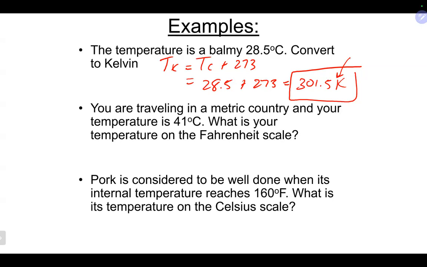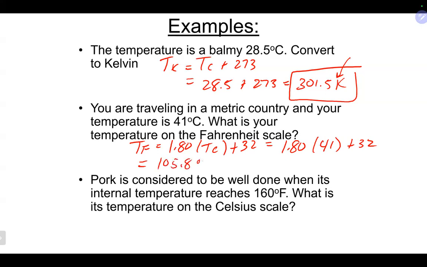Next one, we have basically Celsius, and we want to convert to Fahrenheit. So our temperature in Fahrenheit is equal to 1.8 times temperature in Celsius plus 32. That gives us 1.8 times 41 plus 32, which gets us 105.8 degrees Fahrenheit.